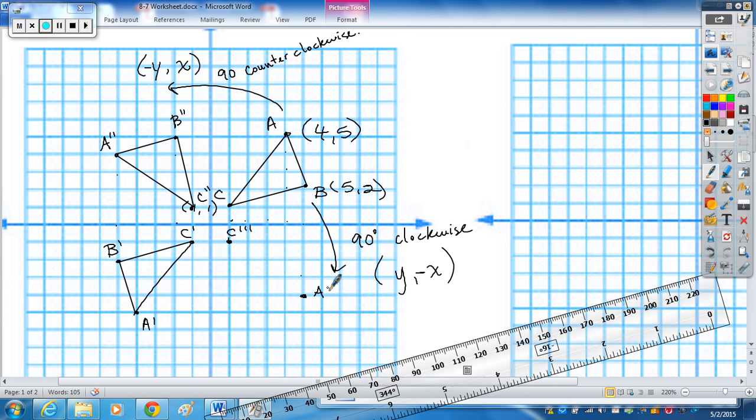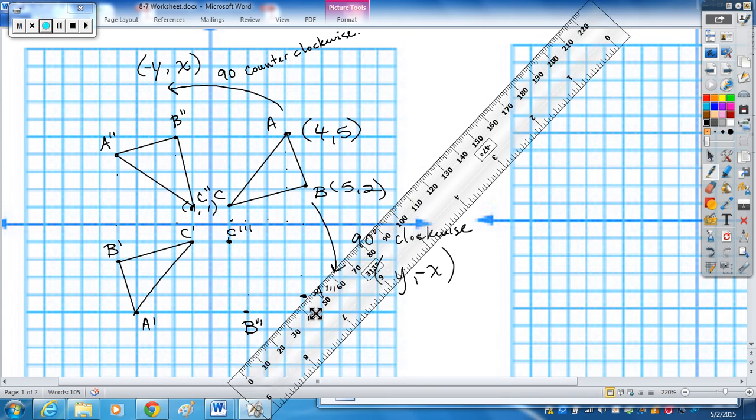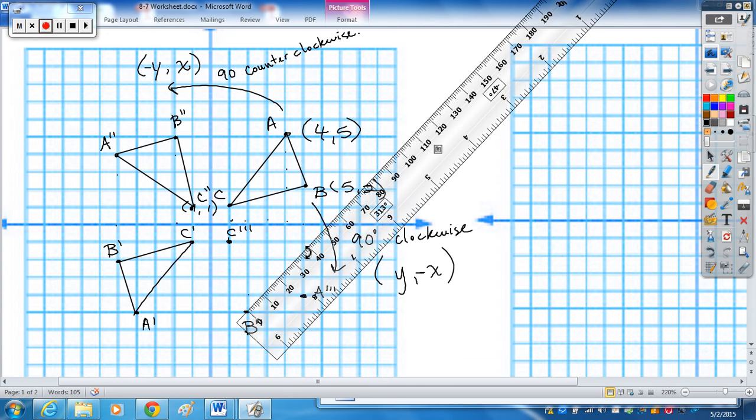That would be A triple prime, okay? And then the last one, switch them, 2, 5, make the second value negative, so it'll be 2, -5. B triple prime, okay?